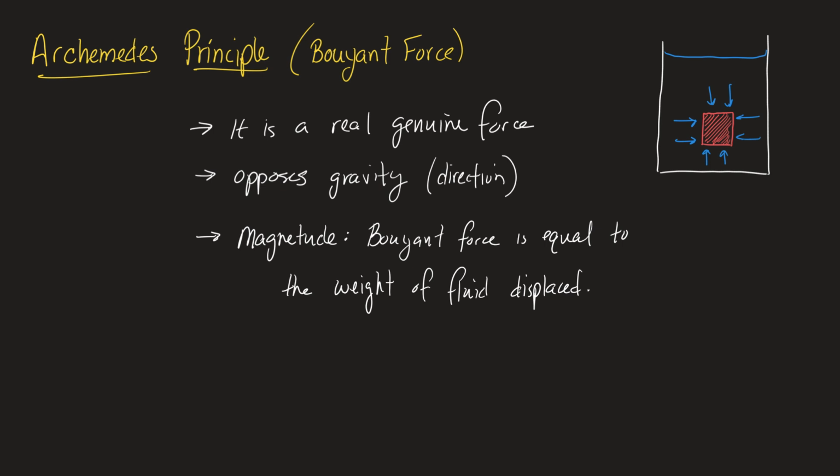The combination of all of this fluid trying to get back into that space is what causes there to be a buoyant force. And we'll label it F with a little b because it's a buoyant force. And the size of that force depends on how much of the fluid is being displaced. It's specifically about the weight of the fluid displaced.